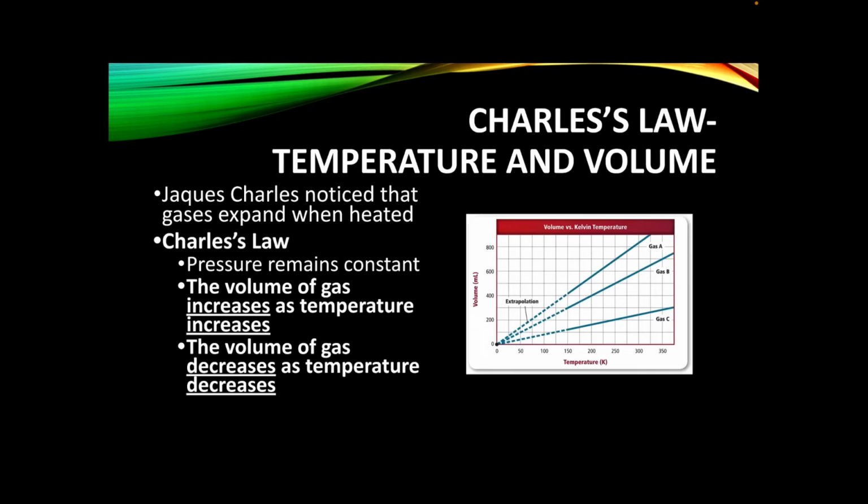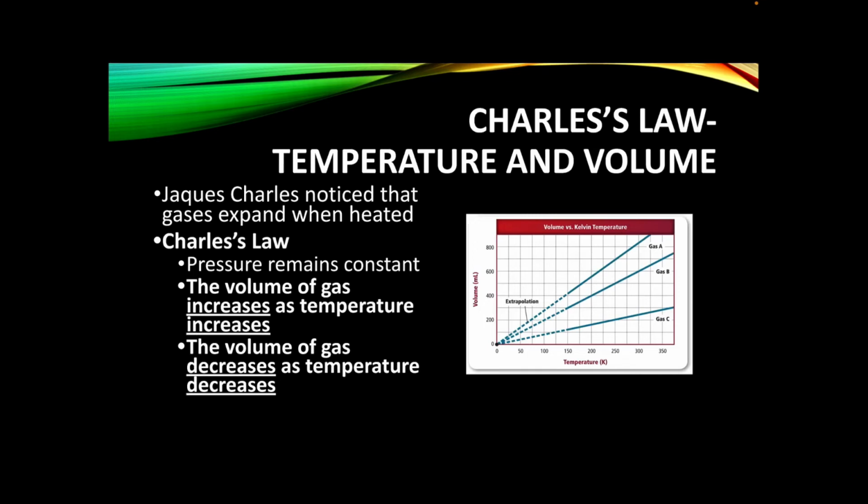Okay, so when we talk about Jacques Charles, he was a French scientist, and he was talking about temperature and how that relates to the volume of gas and pressure. He said that when you increase temperature, you will get an increase in the volume of gas as long as the pressure of gas stays the same.